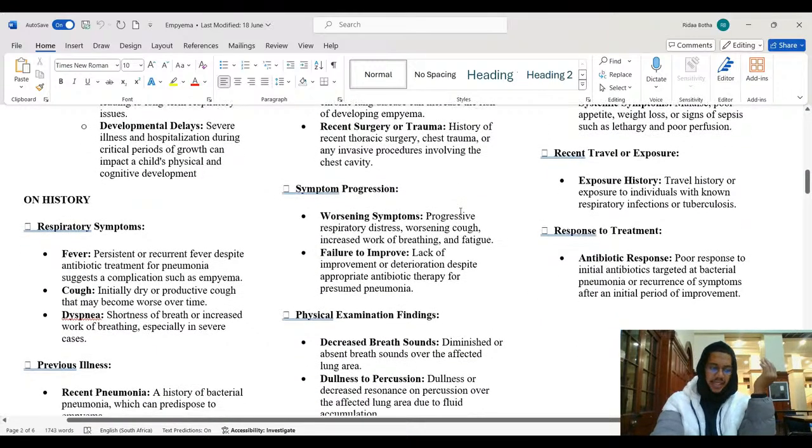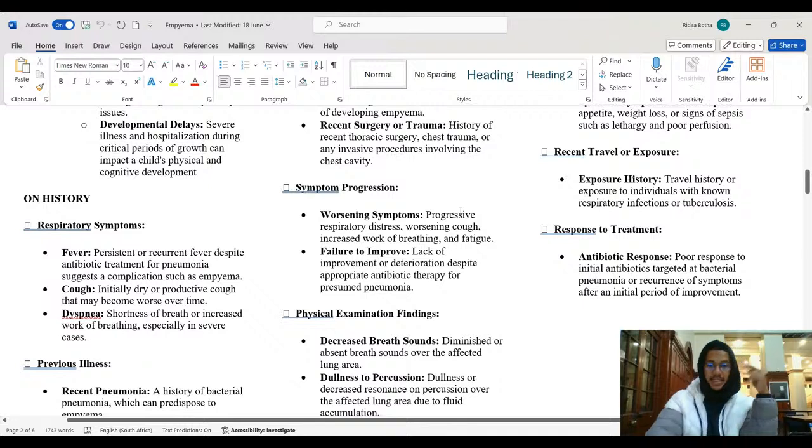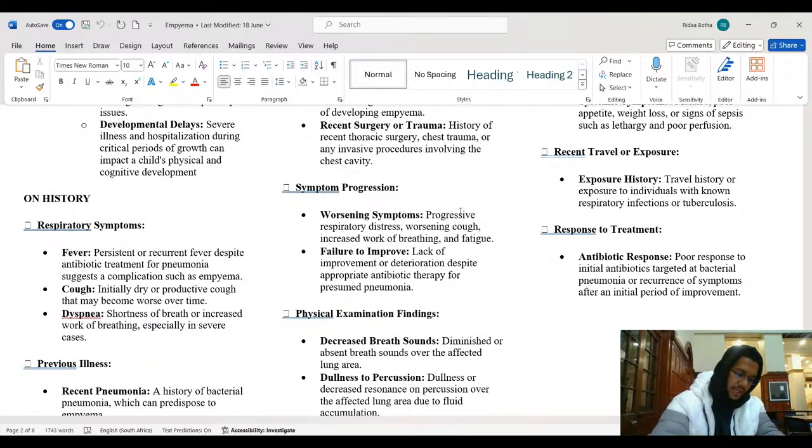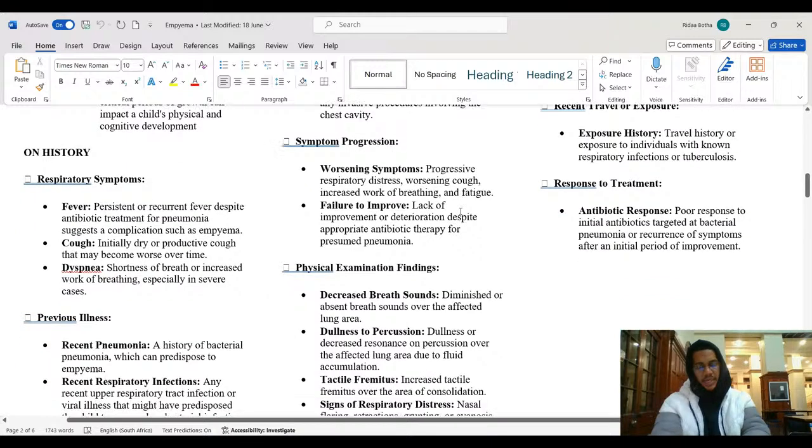Progressive respiratory distress, worsening cough, increase in the work of breathing and fatigue show the progression of the symptoms. You then get failure to improve despite antibiotic therapy.